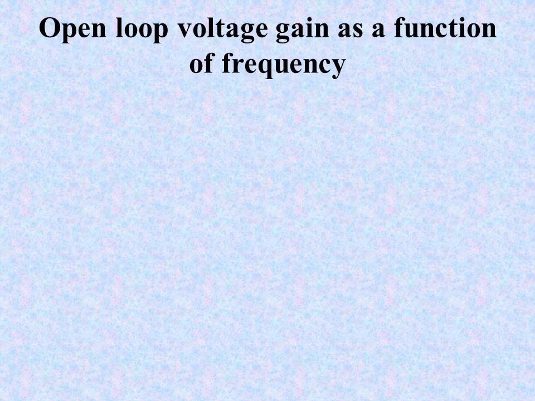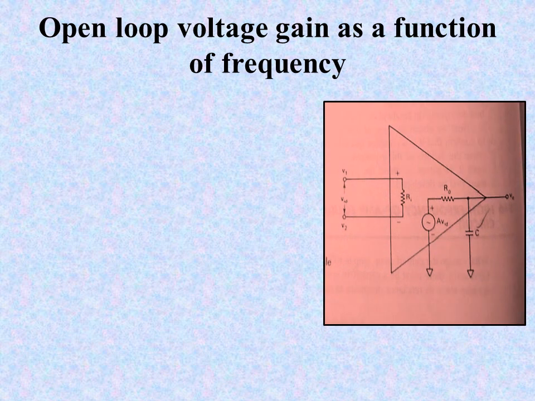Now we'll discuss the relation between voltage gain as a function of frequency. So what we are doing here, we'll mathematically derive it. Again we are taking the same diagram. First of all we'll apply Kirchhoff's law in the output circuit.